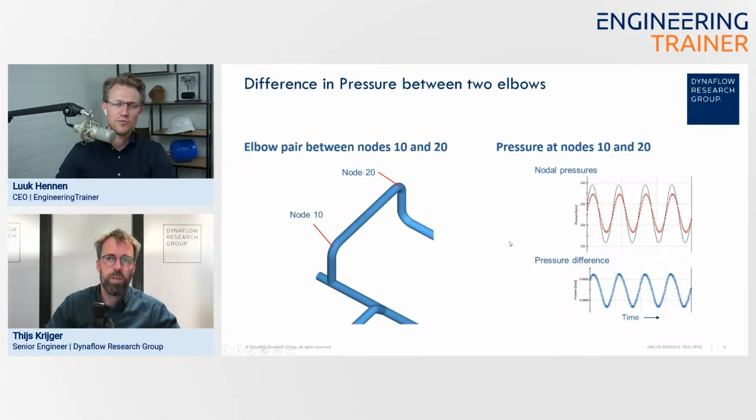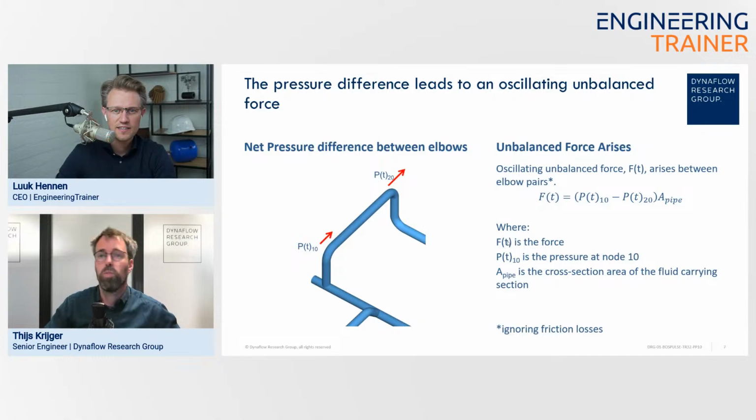You mean the pressure peak hitting or being at the location of one elbow and not yet at the other one, and that difference causes a pressure difference. Yes. And that pressure difference will set up a force difference.